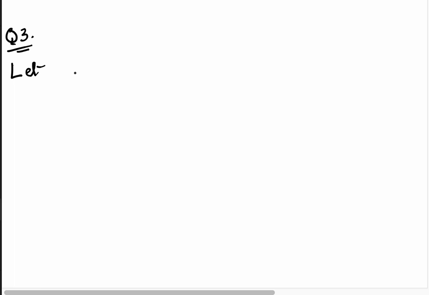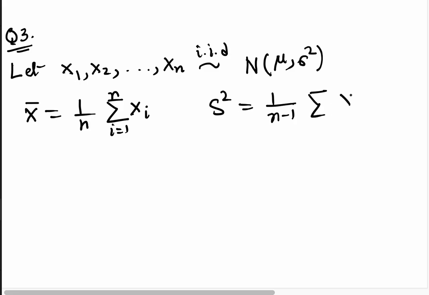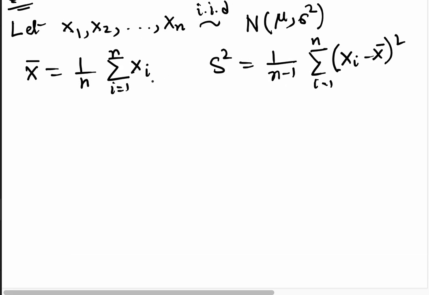Let x1, x2, ..., xn be IID random variables, that means identically independent distributed random variables, normally distributed with mean mu and variance sigma square, and x bar is the sample mean, 1 over n sum of i equal to 1 to n of xi, and s square is the sample variance.